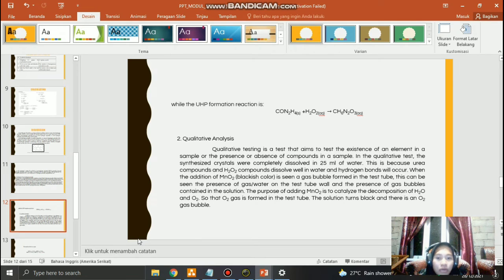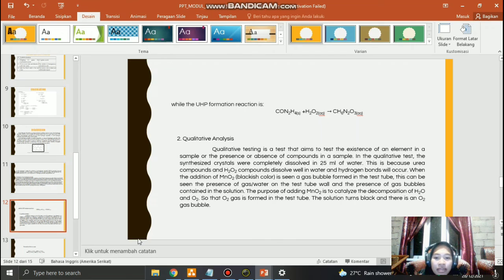This is because urea and H2O2 compounds dissolve well in water, and hydrogen bonds occur. Upon the addition of MnO2, a black color appears and gas bubbles form in the test tube.